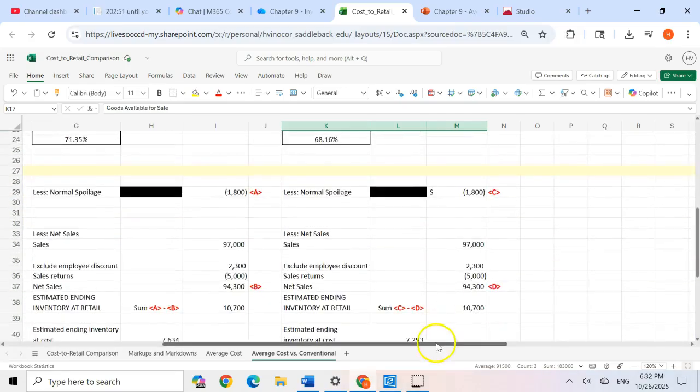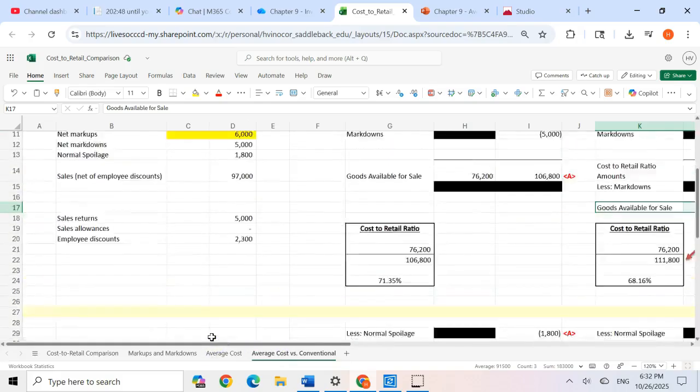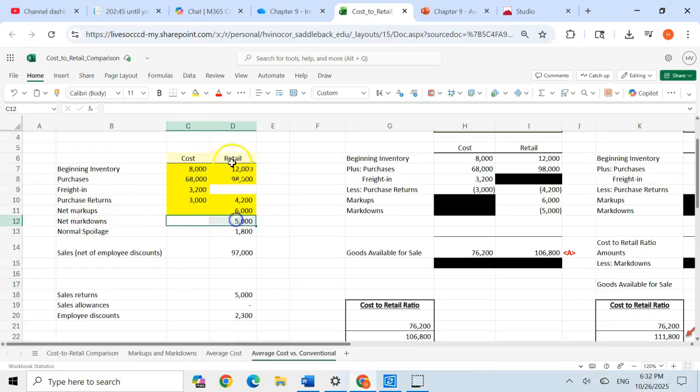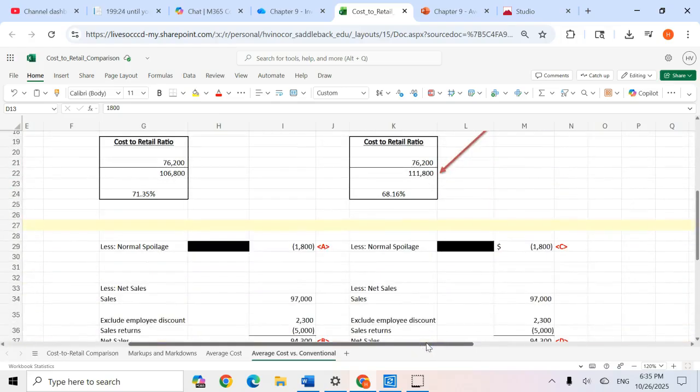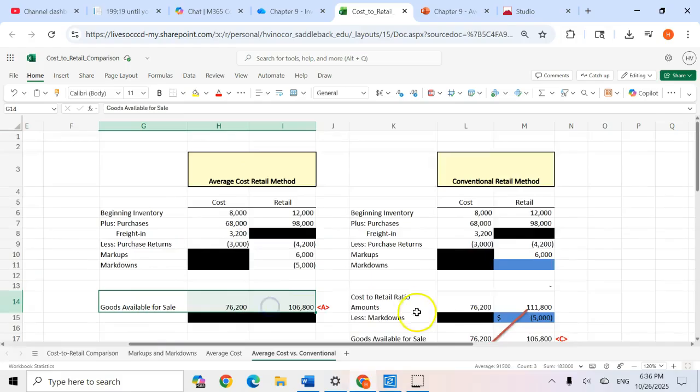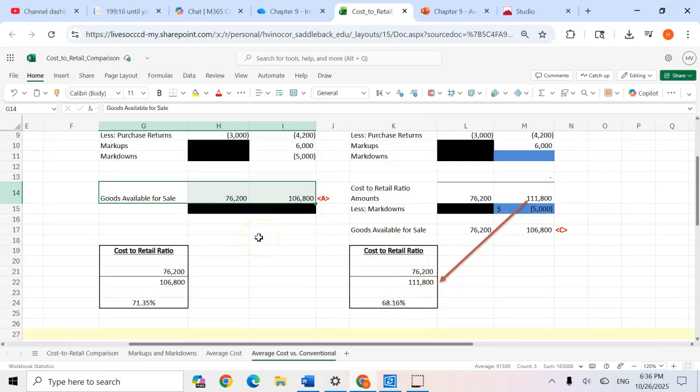Okay, so now we're going to continue with our calculation, and we're going to go here. So we have dealt now with the markdown section. We have something called normal spoilage, and normal spoilage are goods that have been lost, damaged, stolen, just inventory that has not actually been sold, but we no longer have that inventory. So when we're calculating our goods available for sale, it's just as it sounds. These are goods that we intend to have available for sale.